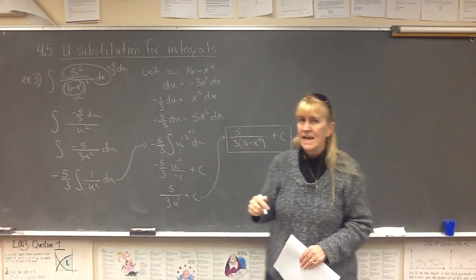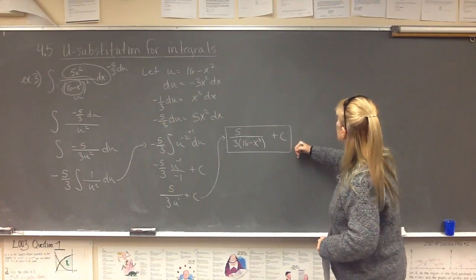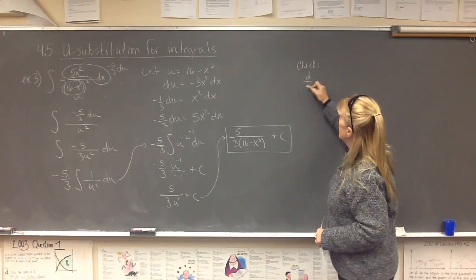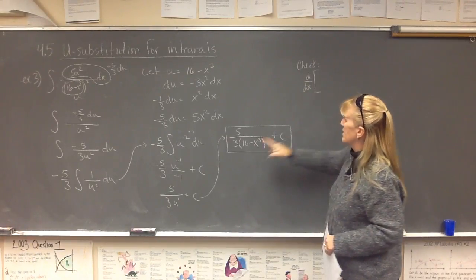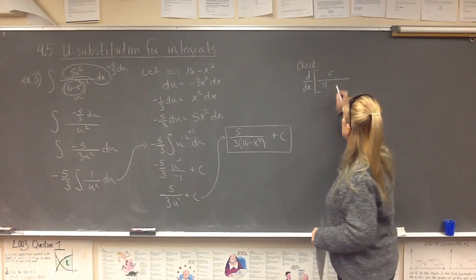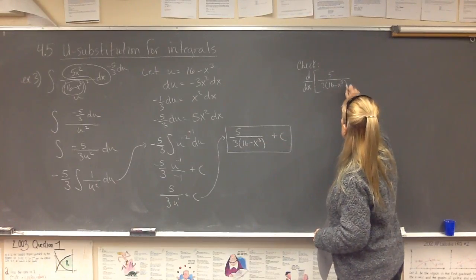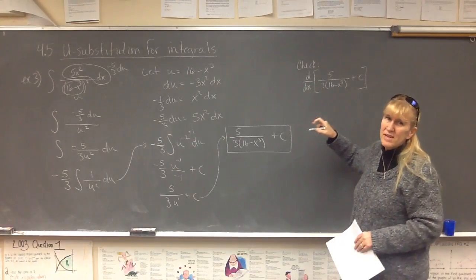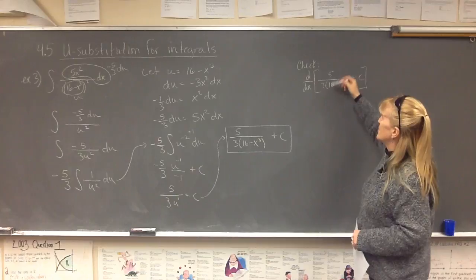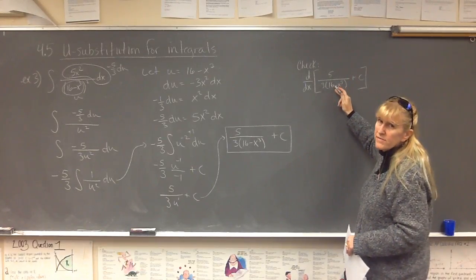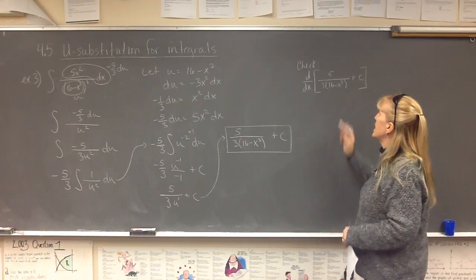And I can check that answer simply by taking this derivative. I'll go ahead and write that, and I'll bring it up here. Give me the derivative with respect to x of 5/3 times 1 over 16 minus x cubed plus c. Now in order to take this derivative, I prefer not to do a quotient rule with the bottom times the derivative of the top minus the top times the derivative of the bottom all over the bottom squared.